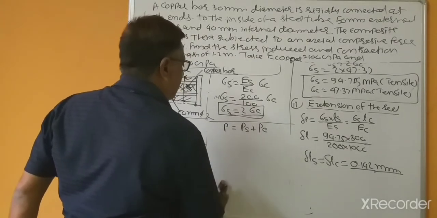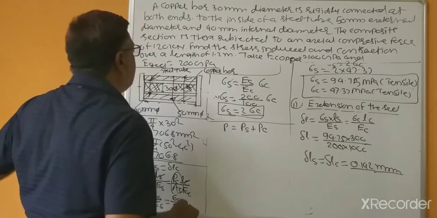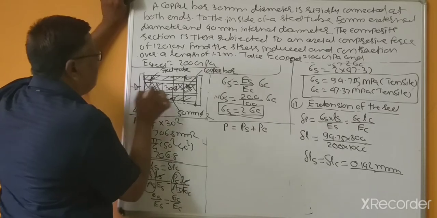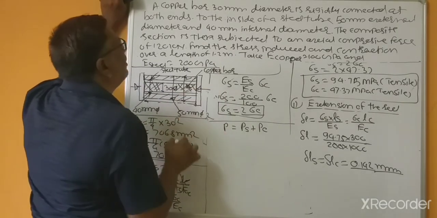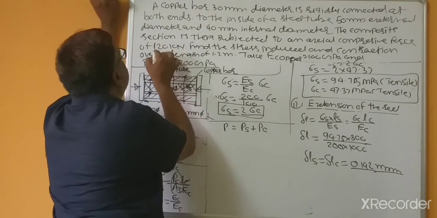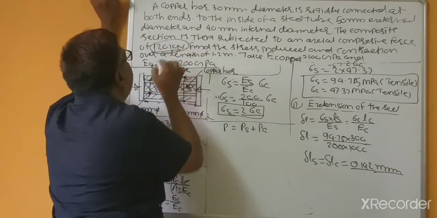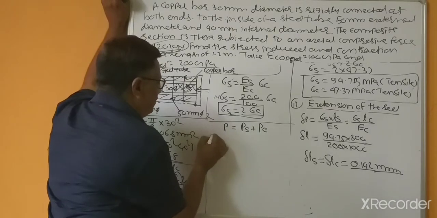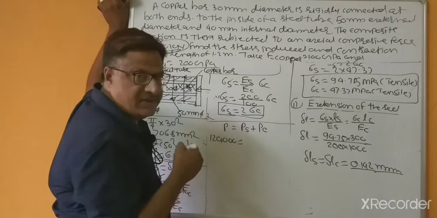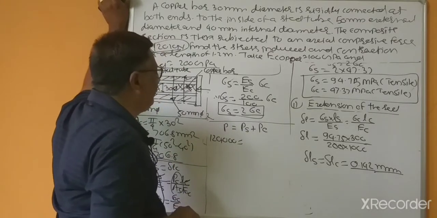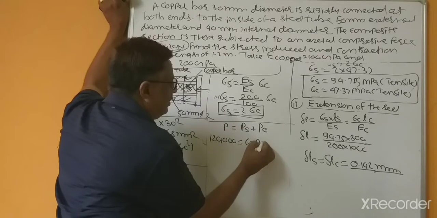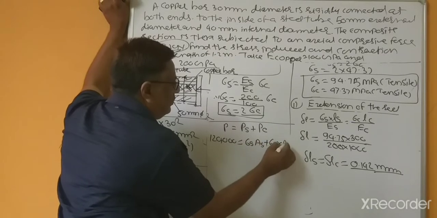Now these compressive loads are shared, and this load is 120 kilonewtons, so multiplied by 1000 to convert kilonewton to Newton. PS is sigma S into AS and PC is sigma C into AC.